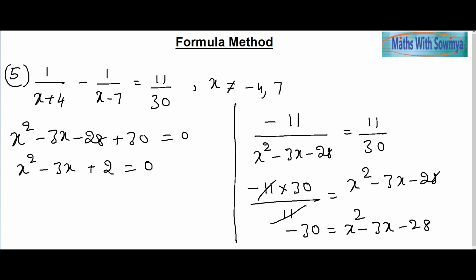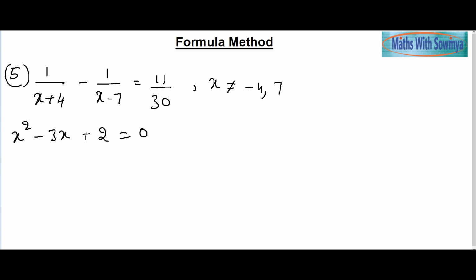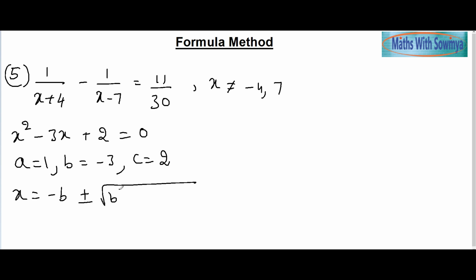So you can solve this by formula method or by the normal factorization method. Anything can be done in this. We will do both the things here and we will see what we get. So this is a is equal to 1, b is minus 3, c is equal to 2. x is minus b plus or minus root of b square minus 4ac divided by 2a.